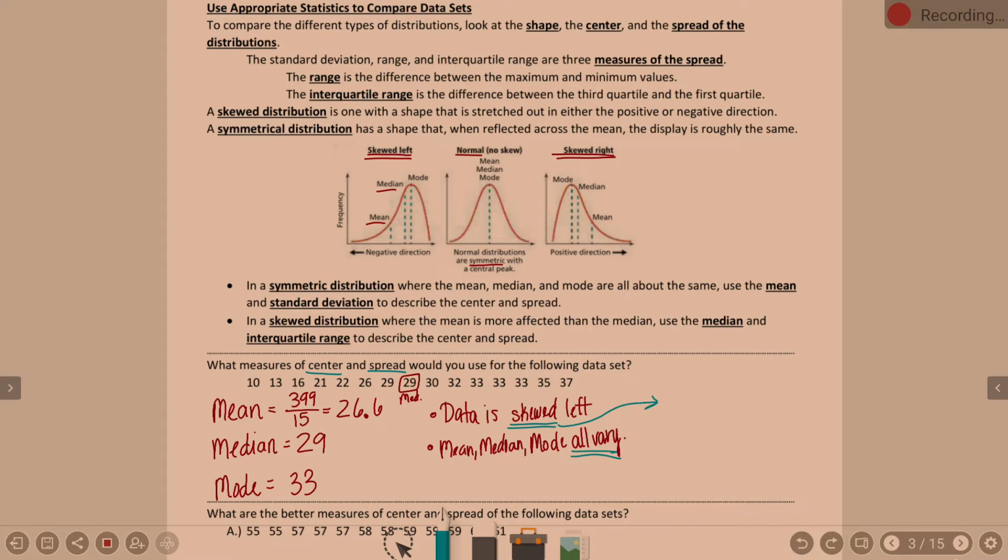Because the data is skewed, what did we say? In a skewed distribution, the mean is more affected than the median, and so we're going to use the median and interquartile range. And we need to find those.